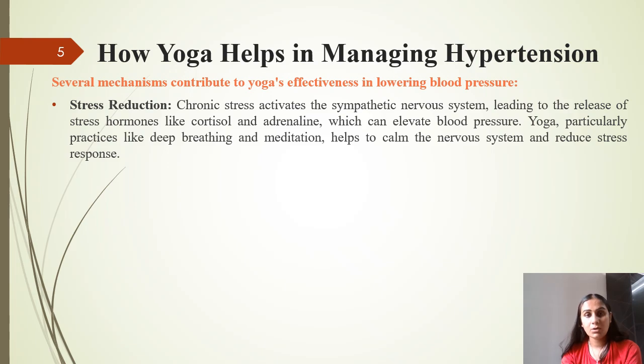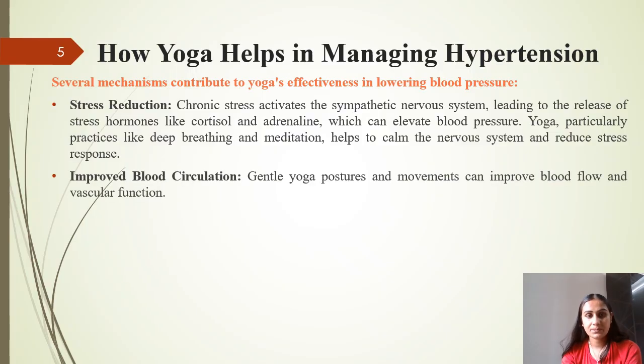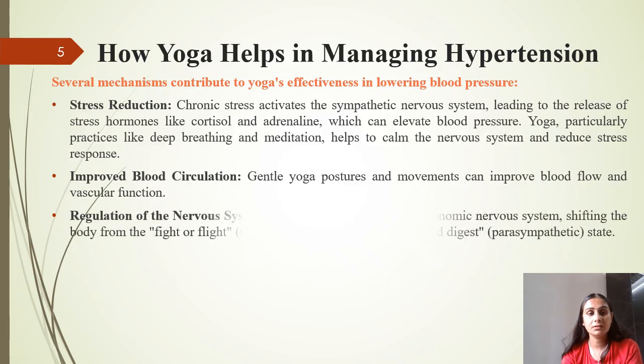Yoga, particularly practices like deep breathing and meditation, helps to calm the nervous system and reduce the stress response. The second one is that it helps to improve blood circulation. Gentle yoga postures and movements can improve blood flow and vascular function. We all know how yoga helps to improve and regulate the circulation of the blood.